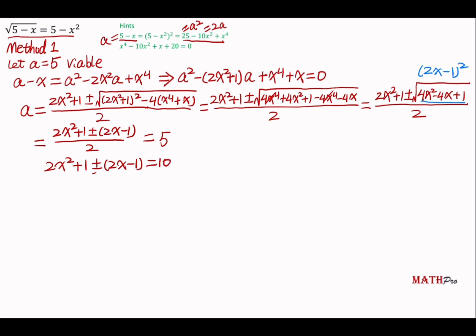And then we're going to separate this positive negative as two different equations. Positive is 2x squared plus 1 plus 2x minus 1 equals 10. The negative can be written as 2x squared plus 1 minus 2x plus 1 equals 10.